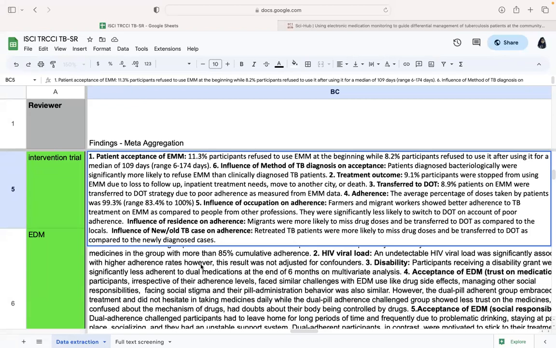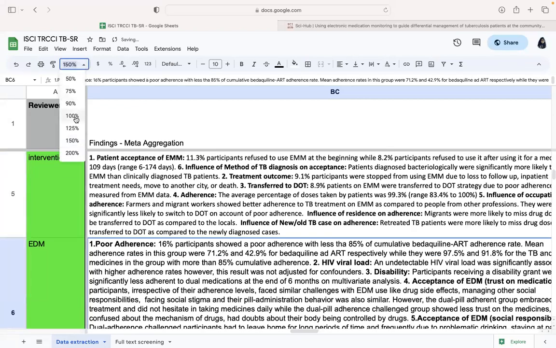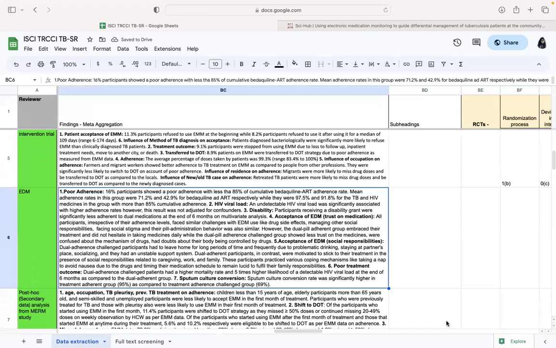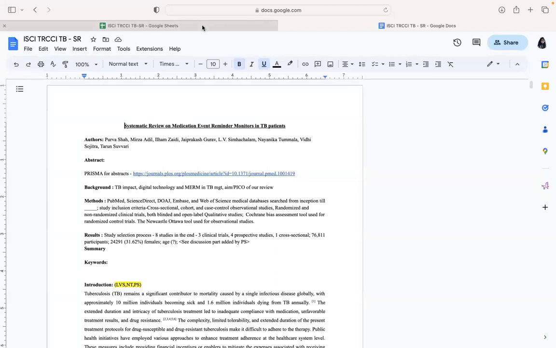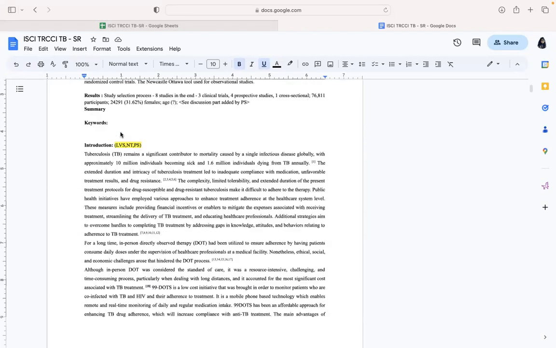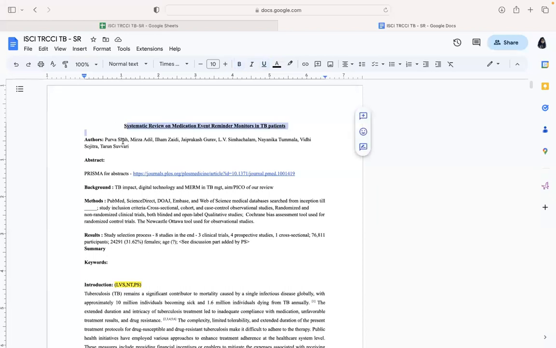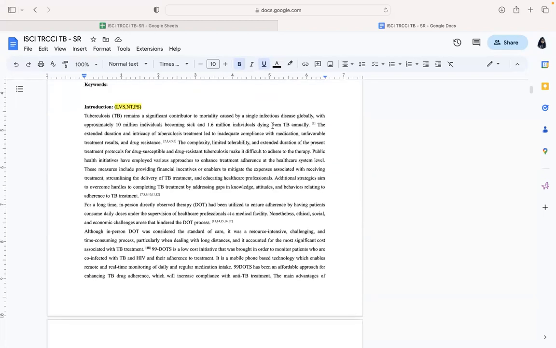And I want to show the end result to you as well. Just one moment. So as you can see, this Google document contains the manuscript that we are preparing for this study, systematic review on medication event reminder box in TB patients.